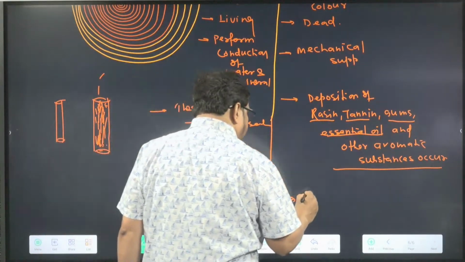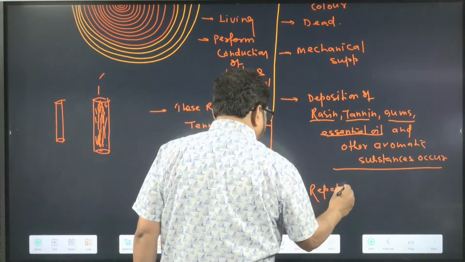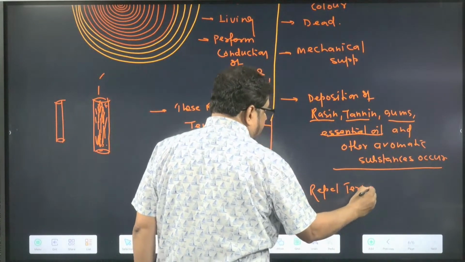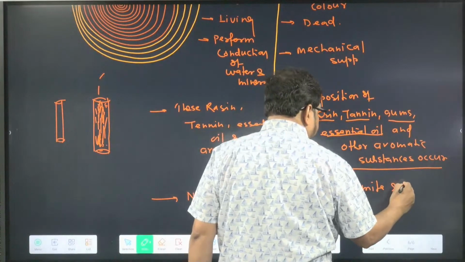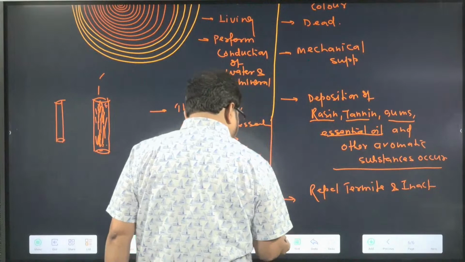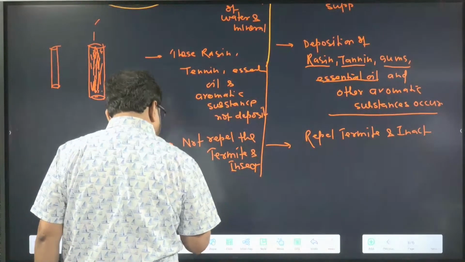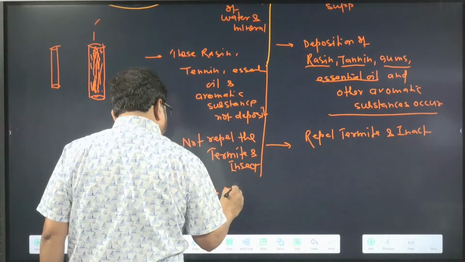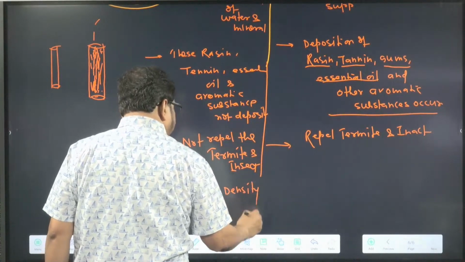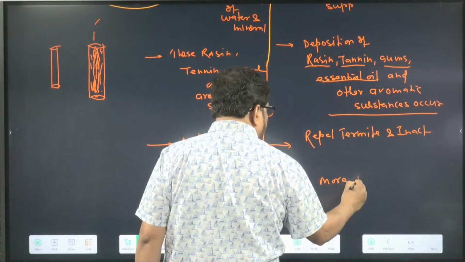Who repels termites and insects? Heartwood, because these chemicals act as a termite repellent. Less density is present in sapwood, more density is present in heartwood.